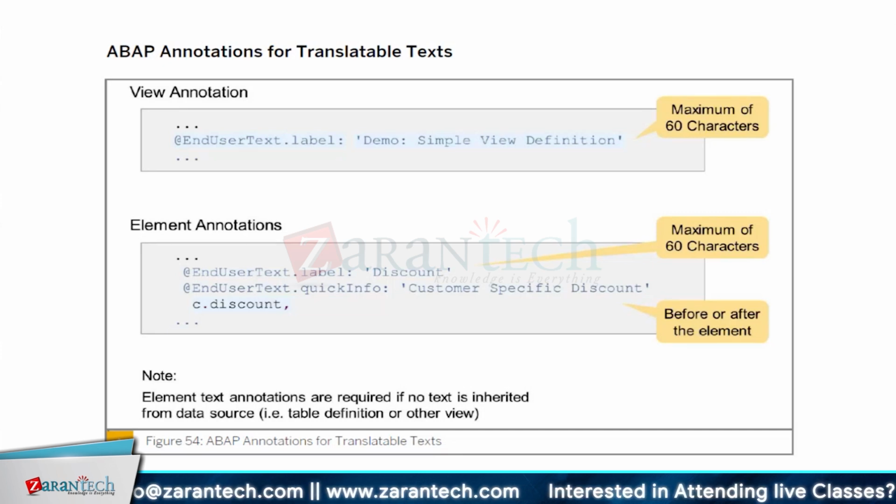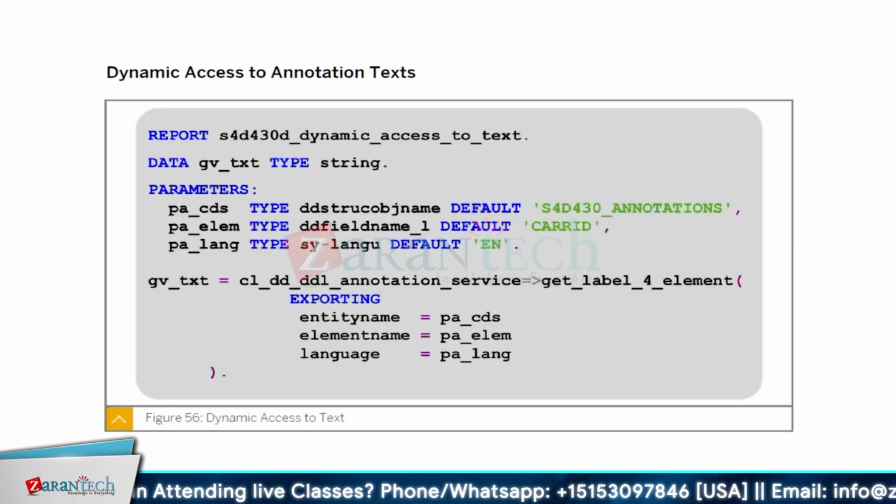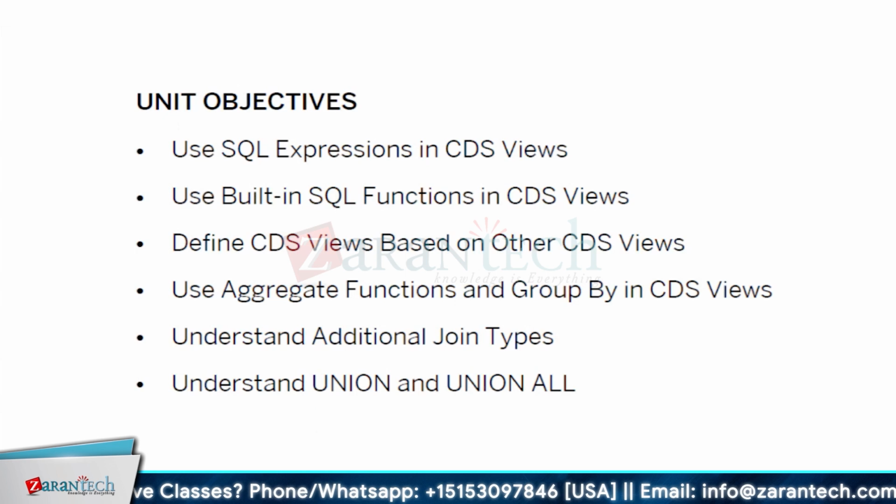Any text descriptions, if you put them for your view or for your columns, the maximum will be 60 characters. That is okay. We don't give more than that. Shorthand text is not available. This is also not required.